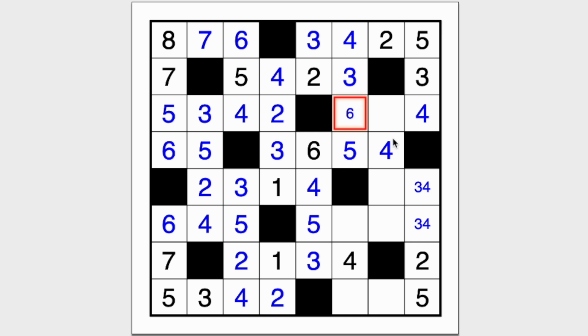If it is a 6, that makes this one a 5. If it is a 2, that way it makes this one a 3. Both of those are at the moment legal. This has to come, because it's next to a 3 or 4, has to be from 2, 3, 4, 5, but not 4.